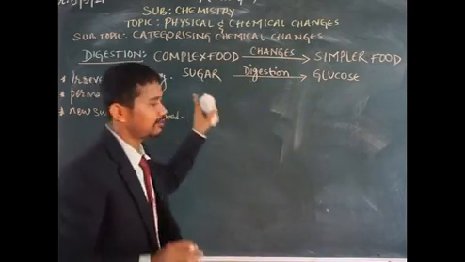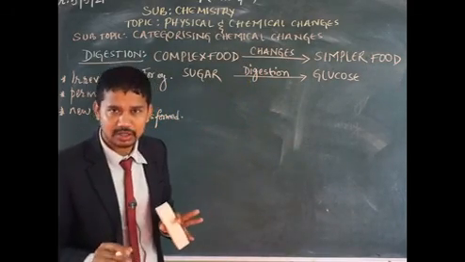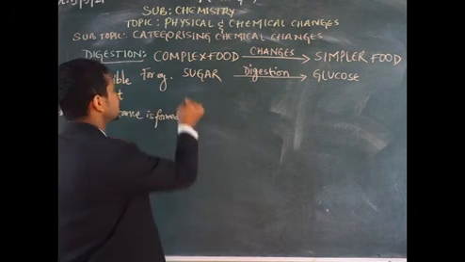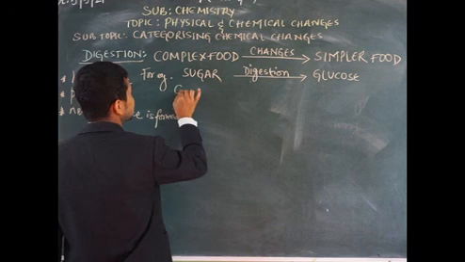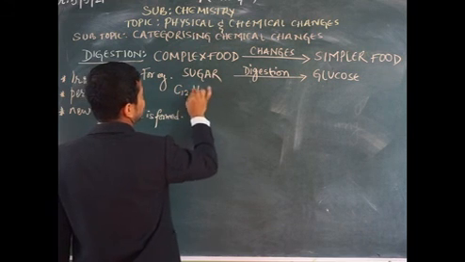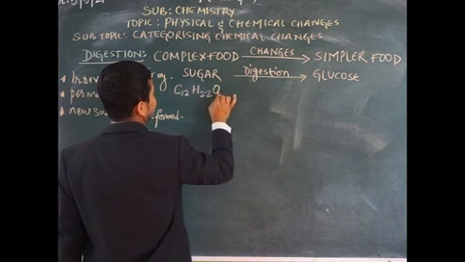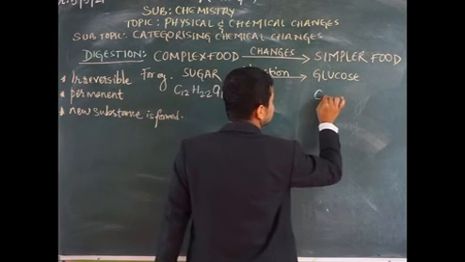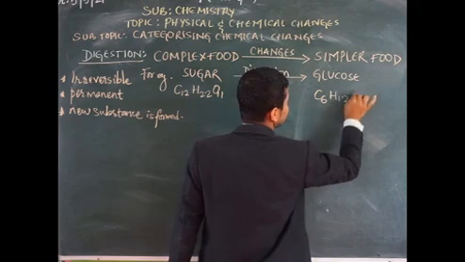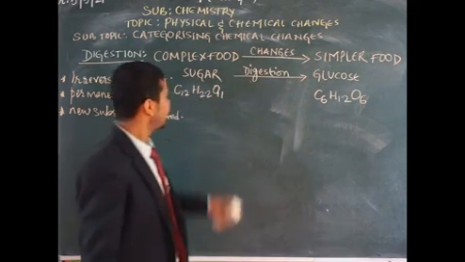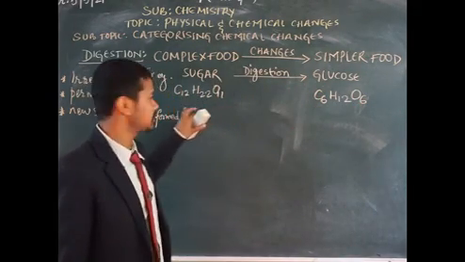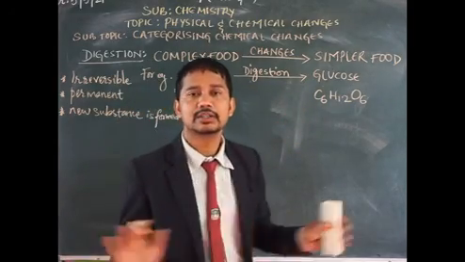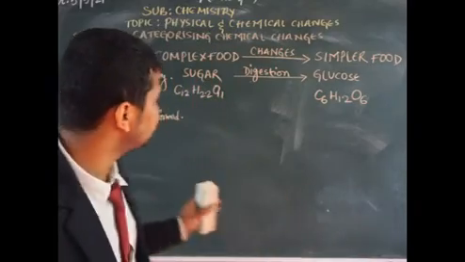Here also the arrangement of atoms and the molecular formula change. What is the molecular formula for sugar? C12H22O11. But after digestion, this becomes C6H12O6. So they are totally different substances because their molecular composition is different.